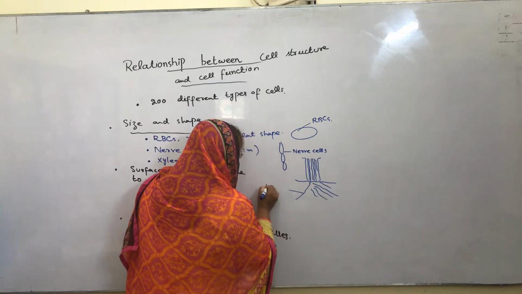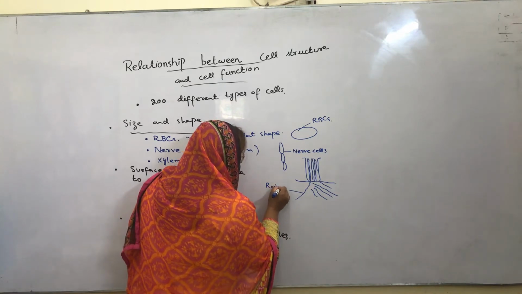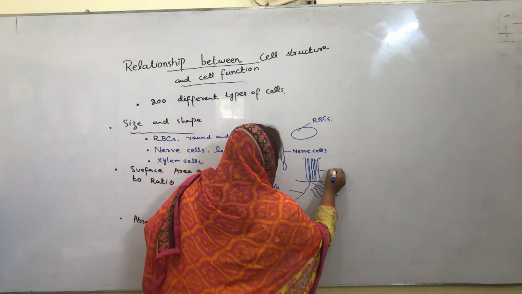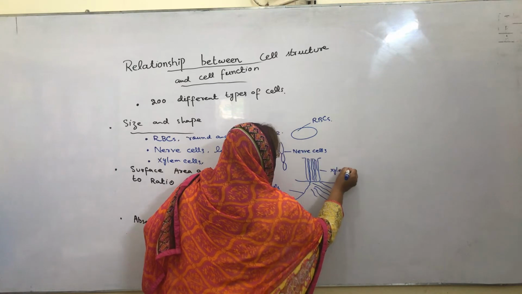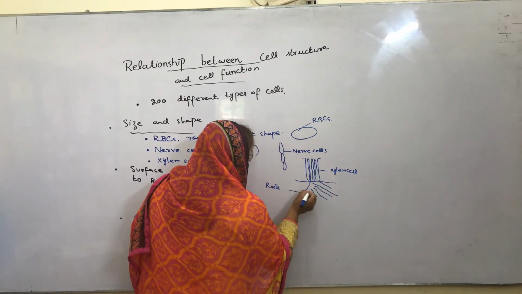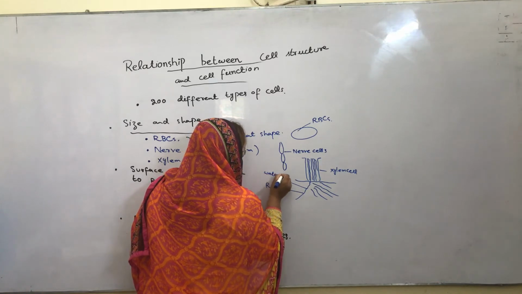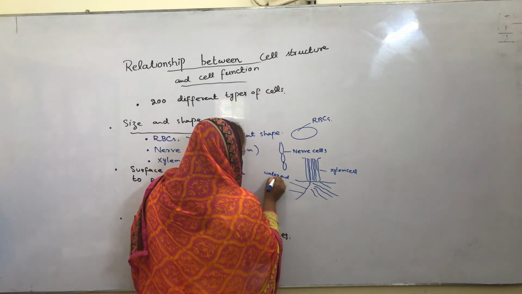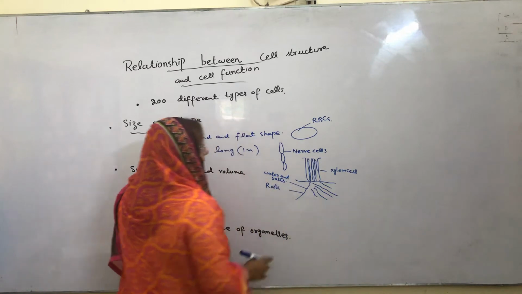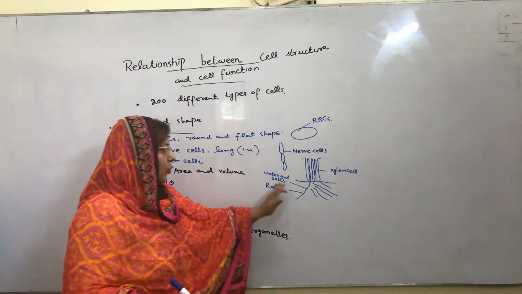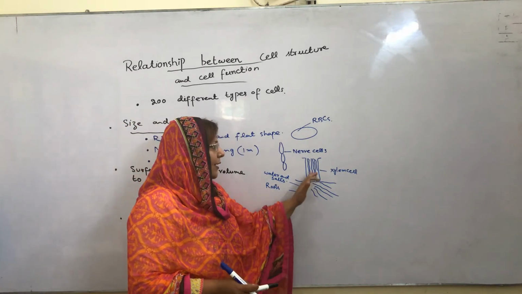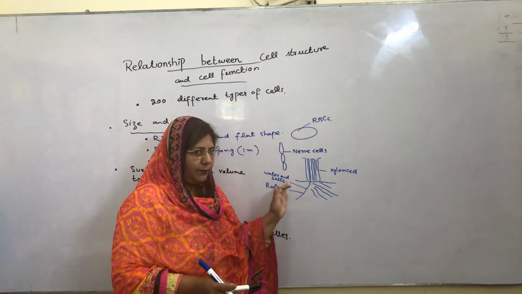So these are roots, these are xylem cells. They take up water and salts, and they collect water and salts from the roots and take them up to all aerial parts of the plant.